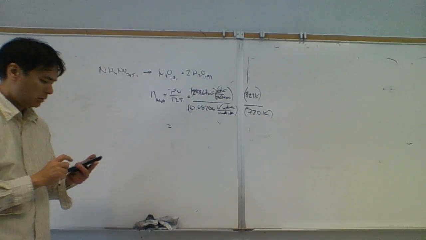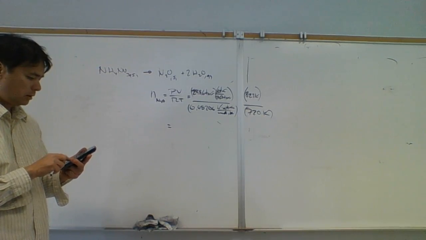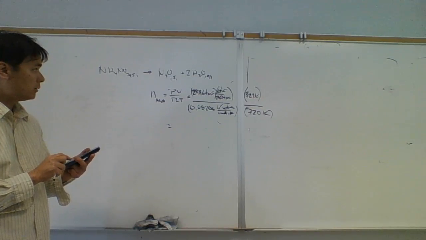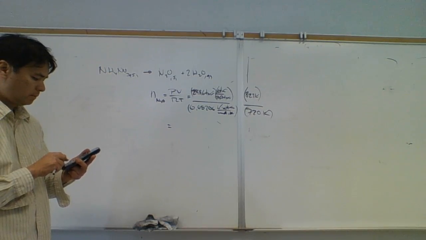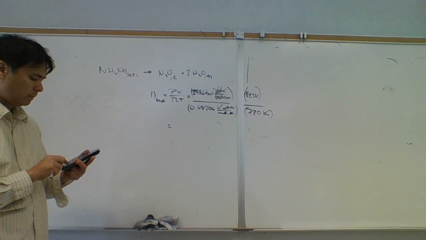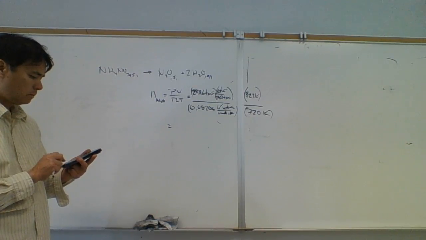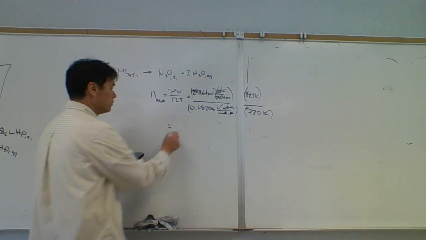So I'm going to go ahead and calculate this out now. 298.6 divided by 760 times 82.3 divided by 0.08206 divided by 720.547.